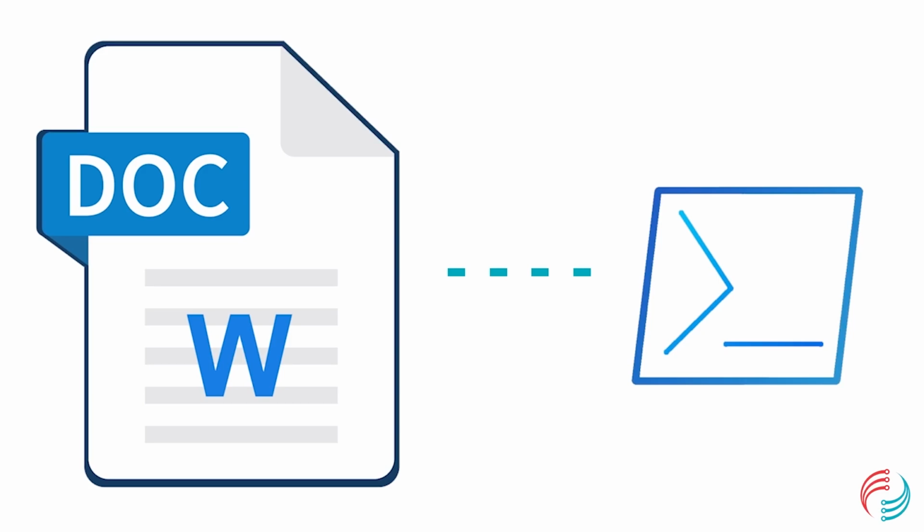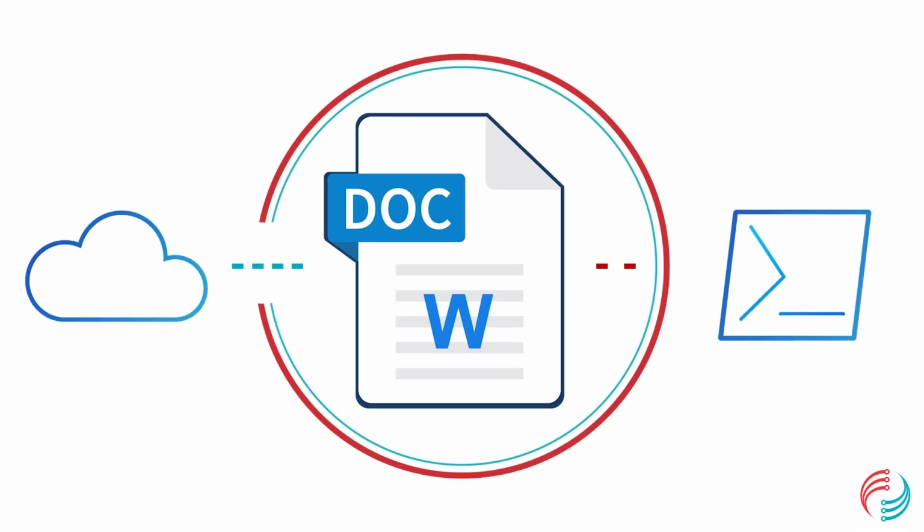Microsoft Word has no reason to interact with PowerShell. So the ring fence would allow Word to work with OneDrive to store or retrieve your files, but would not allow it to talk to PowerShell. This is a hacking technique called living off the land, where hackers try to use trusted applications and tools to carry out malicious instructions. Ring fencing prevents this.